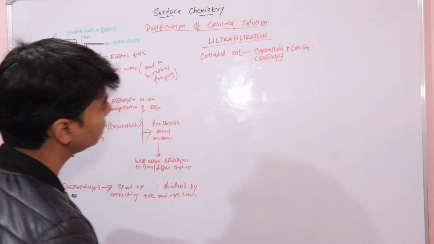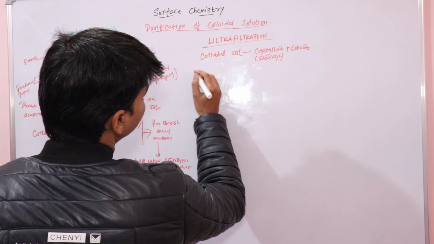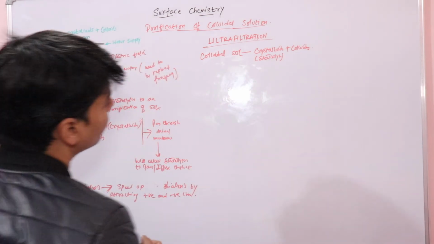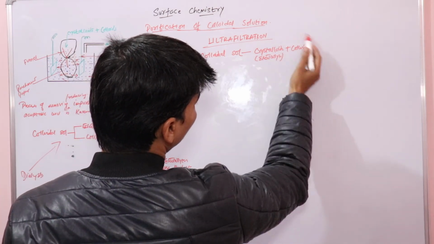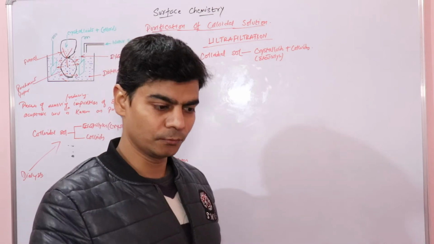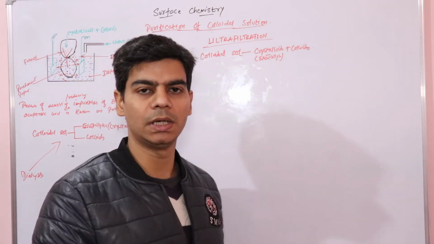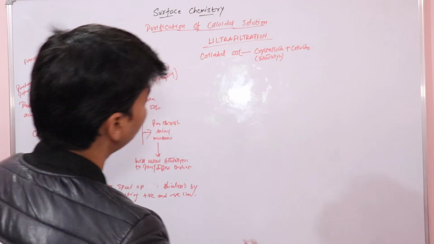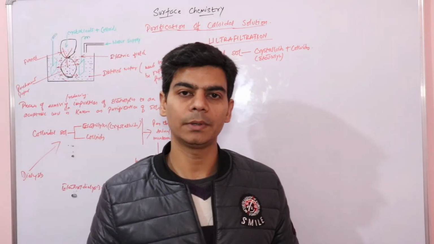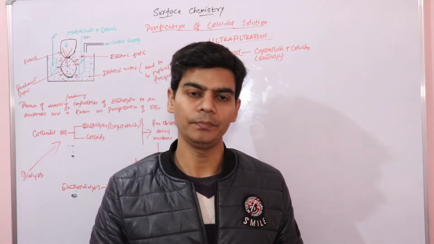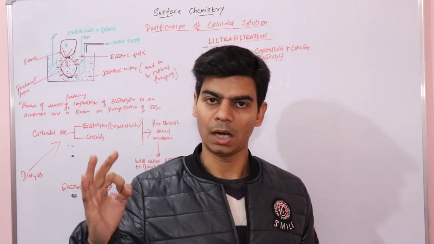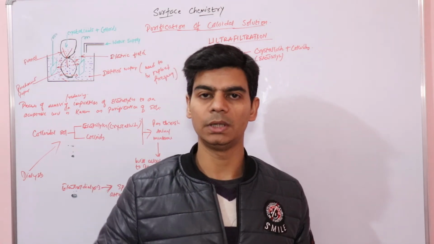What we are doing here is removing crystalloids from colloids using a filter paper which is different from the ordinary filter paper. And how do we prepare that filter paper? By treating it with a solution of gelatin, followed by hardening it by dipping it in formaldehyde solution.